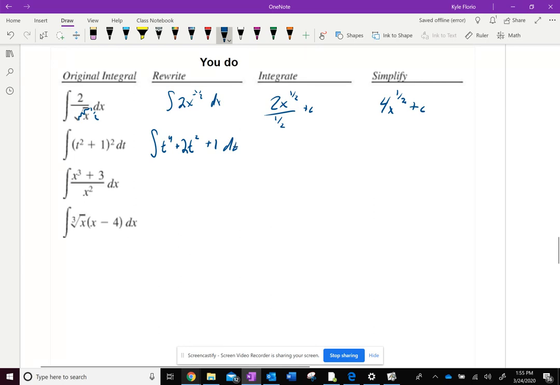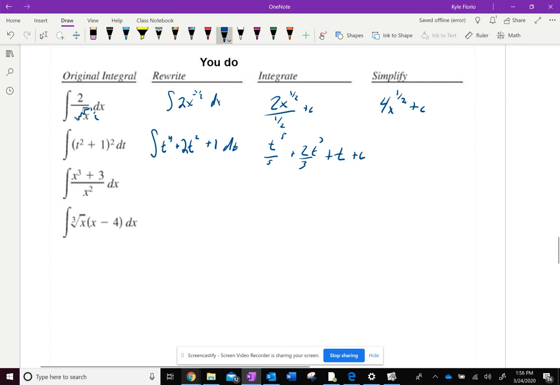And if I were to take the antiderivative of that, no problem. That's just going to be t to the 5th over 5, just adding 1 to the 4. This is going to be 2t to the 3rd over 3, just adding 1 to the 2. The antiderivative of 1 is going to be 1t, or just t, plus some constant.